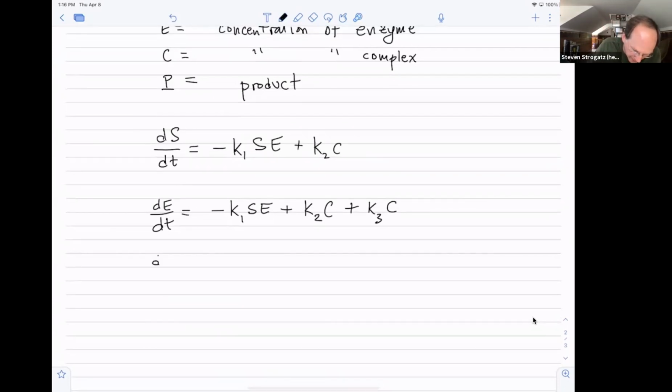With this kind of thinking, then I'll just write the others without going through each little step. dC/dt is K1 SE minus K2C minus K3C.